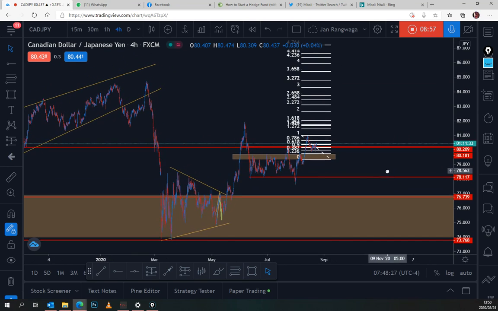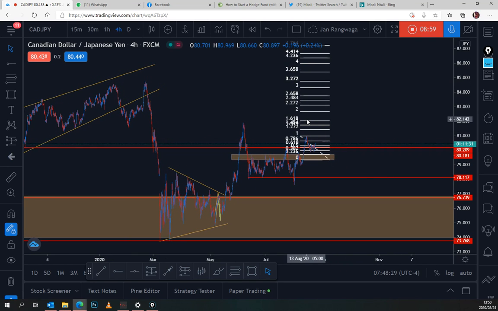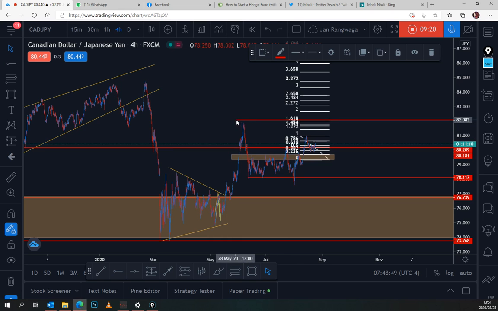From a smaller time frame, I'm aiming for a buy to this level here, 1.618. Let's put a horizontal line. You can then see what's happening. We will drag this line here.